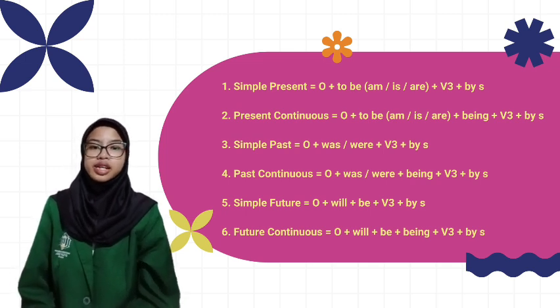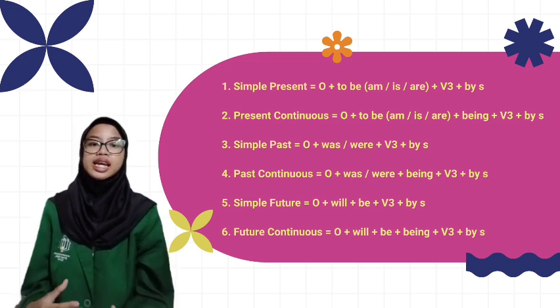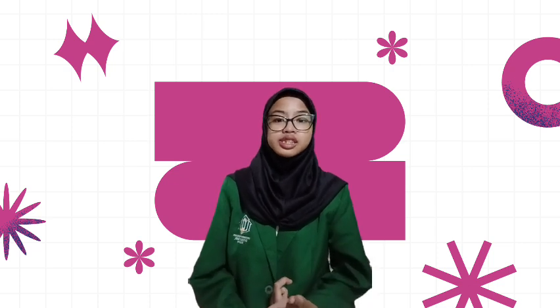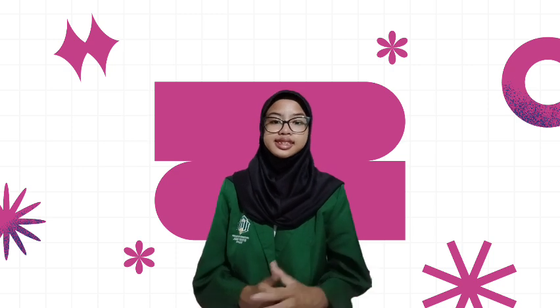And remember, in today's lesson, all examples use by plus agent so that the doer is still mentioned. Alright, today we have learned about the meaning of passive voice, function, the difference between active and passive, the use of verb 3, and passive voice in 6 tenses.